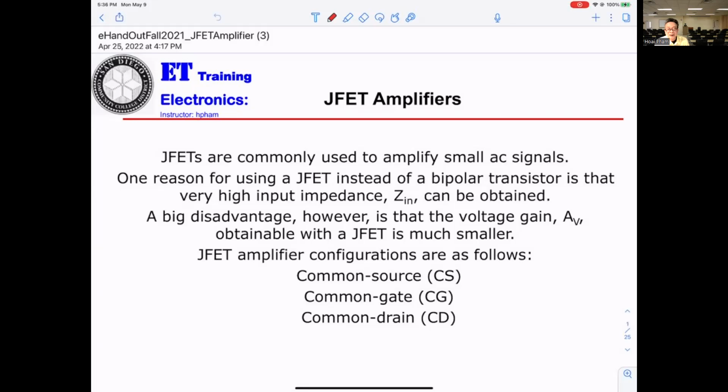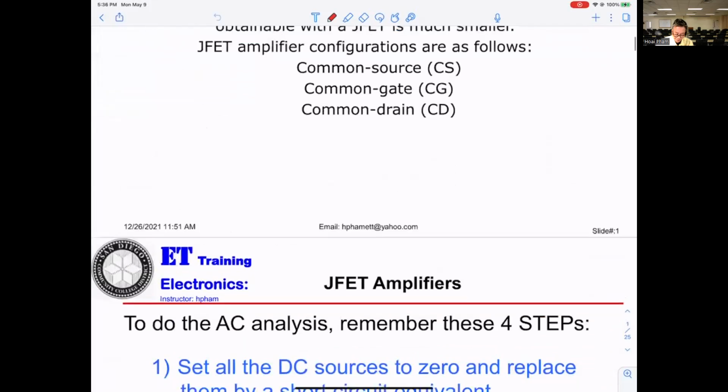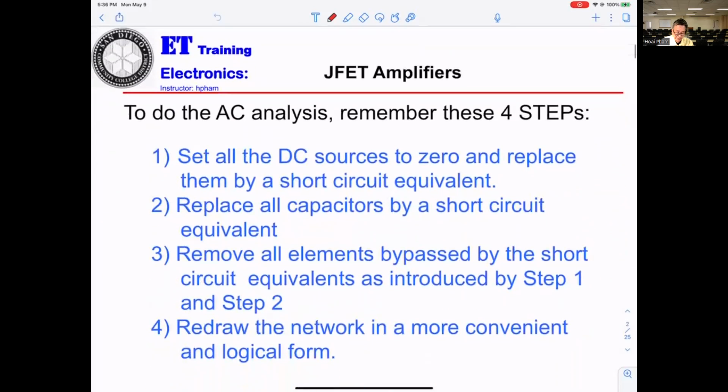The thing is, JFET has a very high input impedance. However, if you want more gain, then you had better use a bipolar transistor. And again, this helps if you want to convert a DC circuit to AC for analysis.